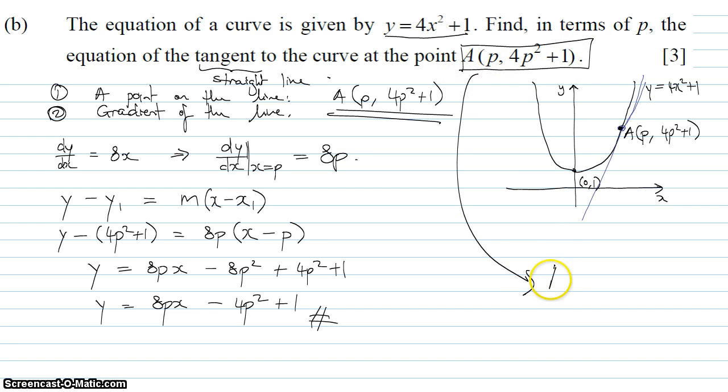Maybe using A as (p, 4p² + 1) is too difficult, but why don't you see what you do if I give you a point A', let's call it, on this line, say 1, and then 4 times 1² plus 1, so that's going to be 5. So could you go through and do it with this point here? A' is (1, 5). And I think that you can. In fact, I'm certain that if you had this, you can.